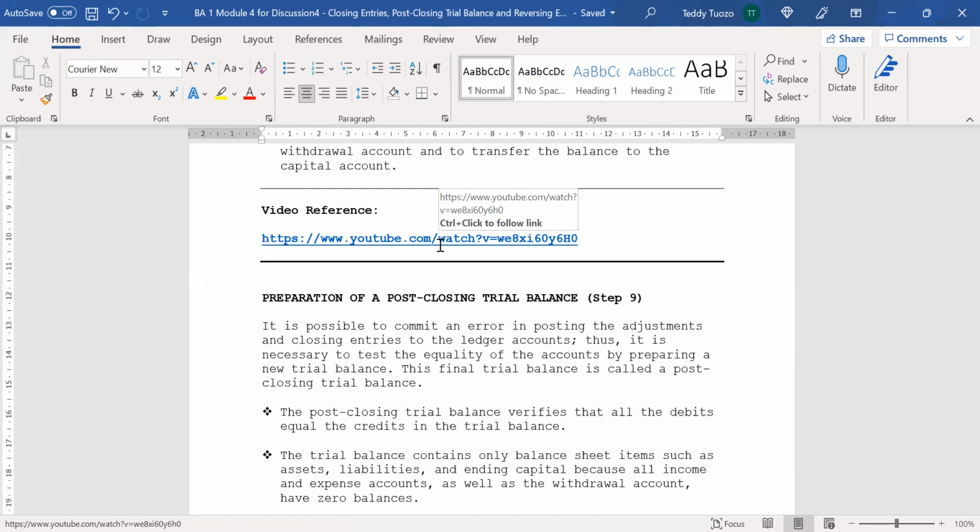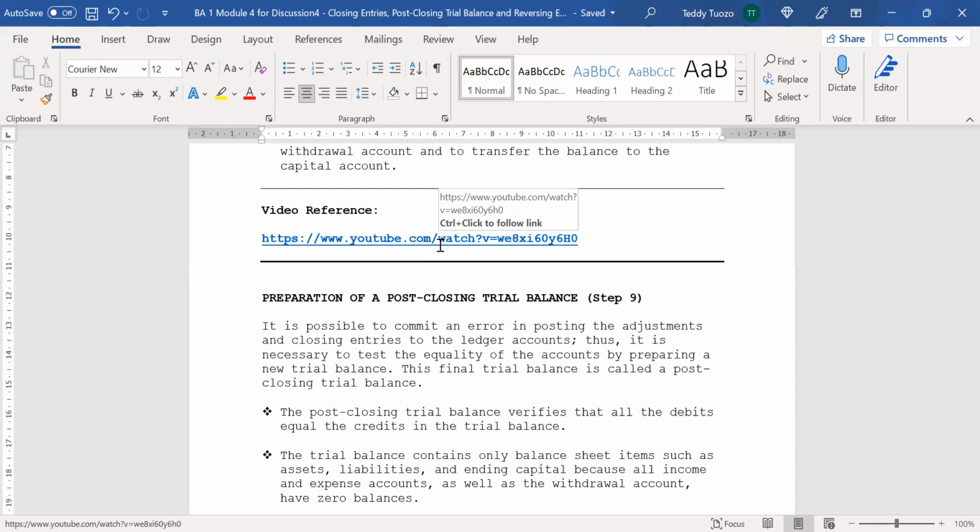But when we're done with step number 8, the preparation of the closing entries, the withdrawal account, the income account, and the expense account will be zero. So what is left in the trial balance would only be the assets, liabilities, and the capital account.